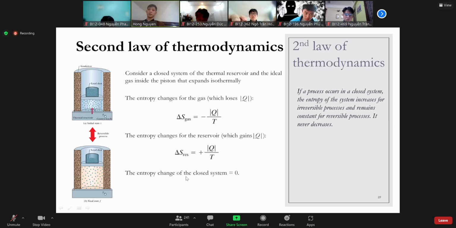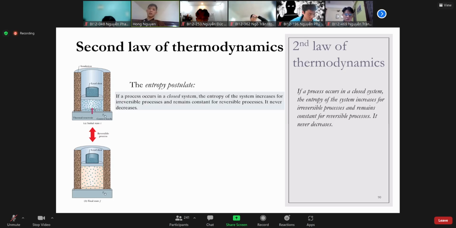So here the change is 0. Then we have the entropy postulate. If a process occurs in a closed system, the entropy of the system increases for irreversible processes and remains constant for reversible processes. It never decreases.